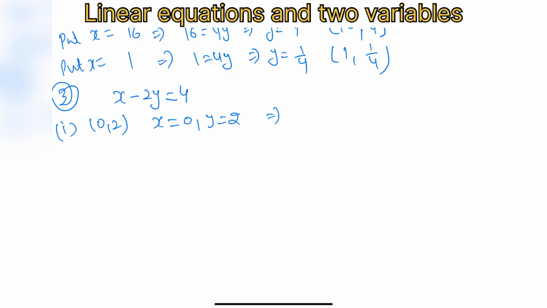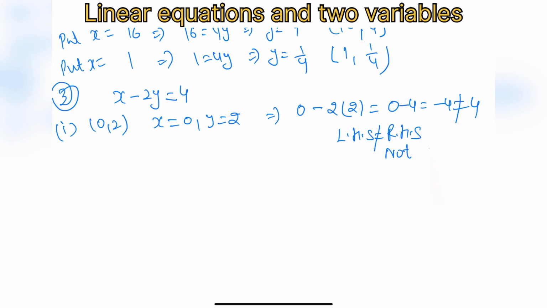If we get it, then it is yes, otherwise no. So in place of x we put 0 minus 2 into the value of y, which is 2. So 0 minus 4 gives us minus 4, that is not equal to 4. That means left hand side is not equal to the right hand side, so this is not a solution.